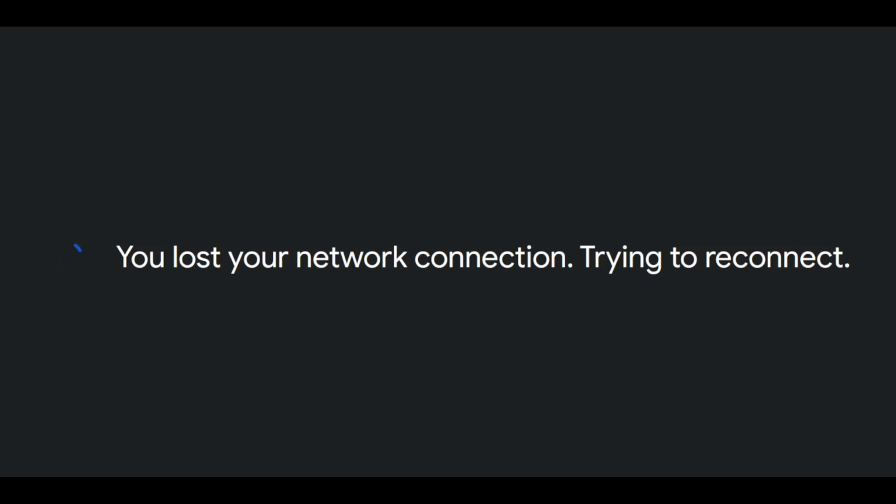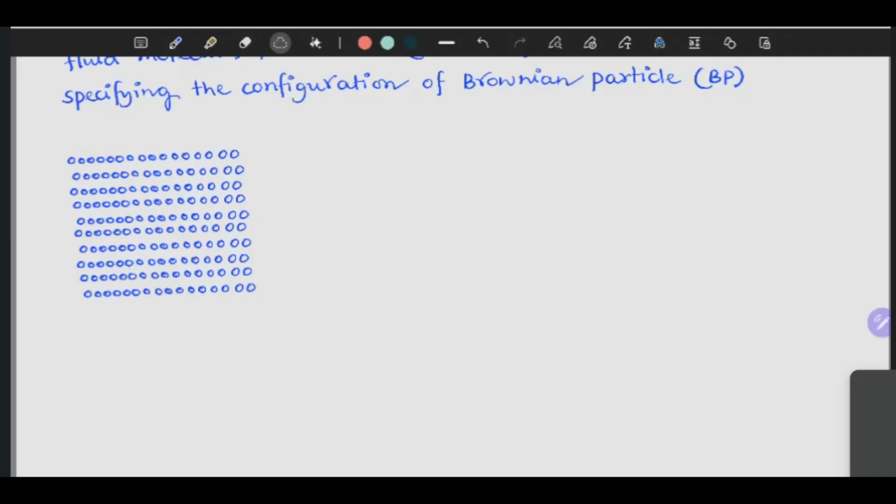Again, so this is there. So now let's remove this and you insert this Brownian particle like this. So this is the Brownian particle, and it is moving in these directions.